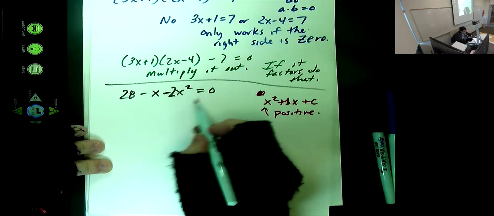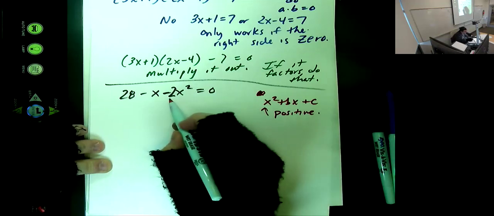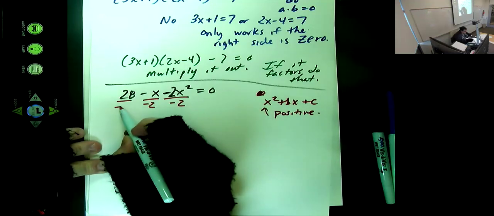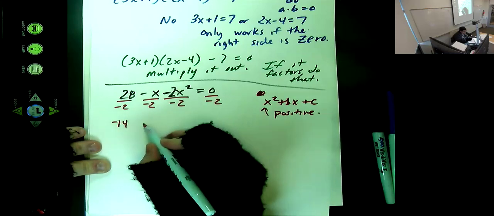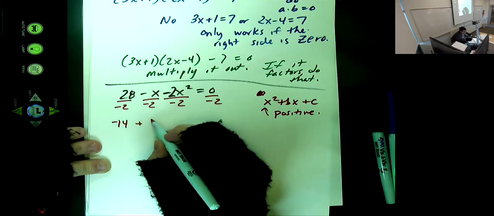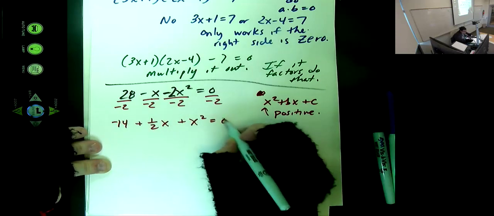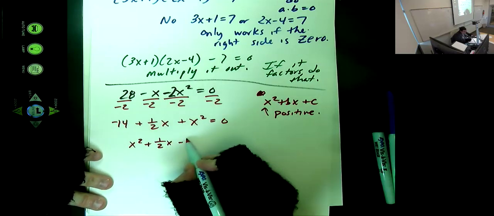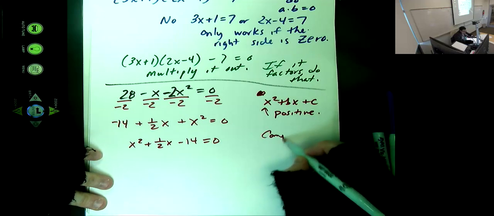So one way would be to multiply through by a negative number. Or when you divide, just make sure you divide by the negative as well. x over 2 is 1/2 x. And I would probably rearrange the order here. Now complete the square.